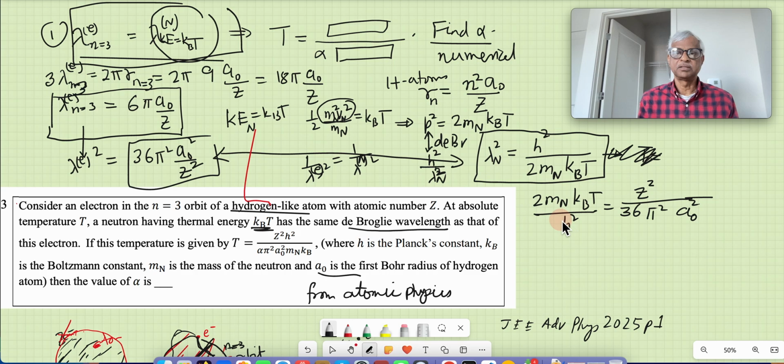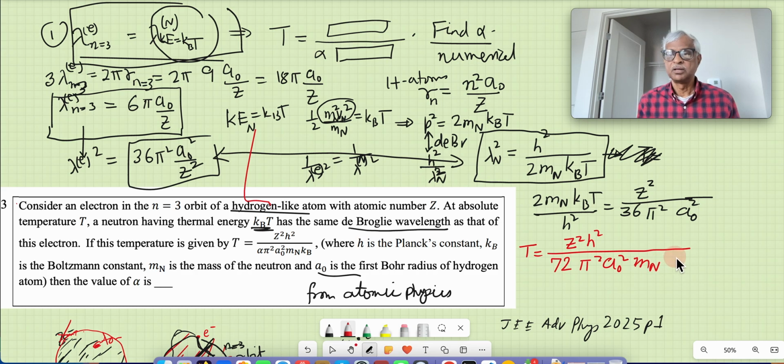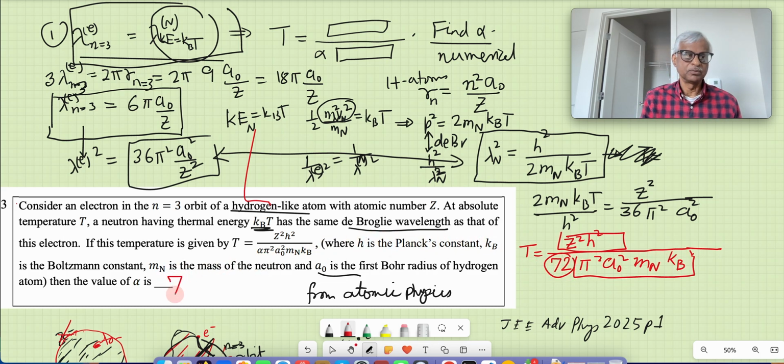And now we can write T equal to Z square h square over 72 pi square a0 square, with mn and kB coming down. So it's the numerator of that, and the rest of the factor is the denominator. So this is the alpha. So alpha is 72.